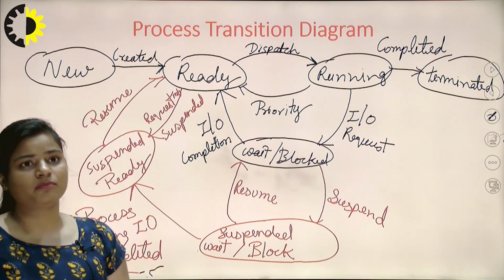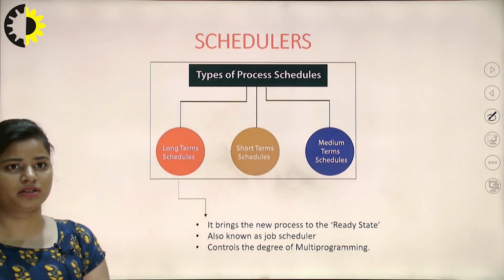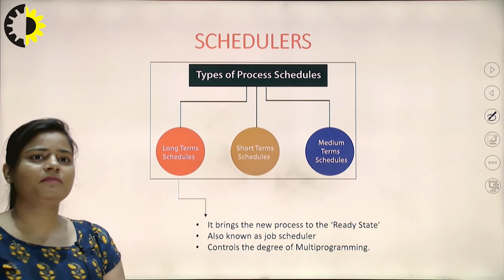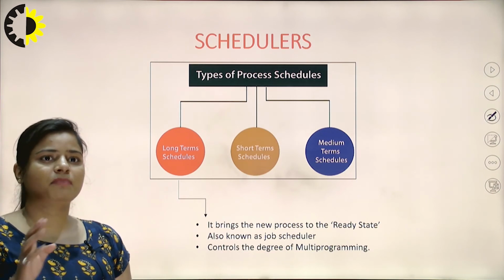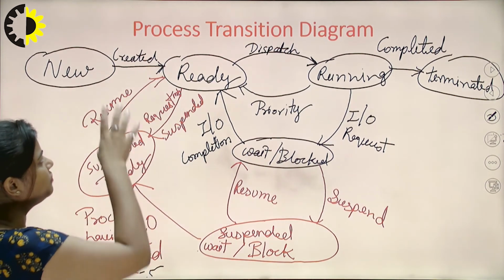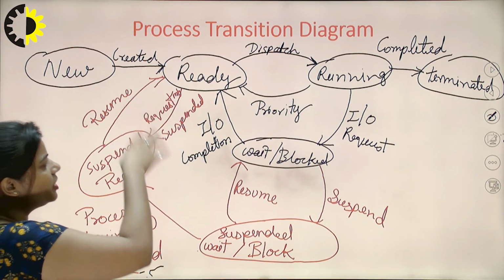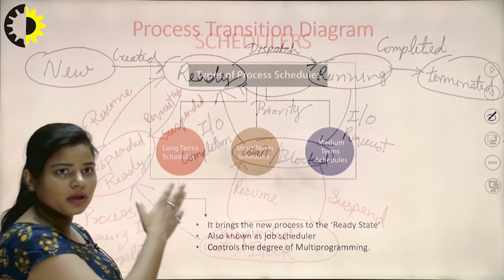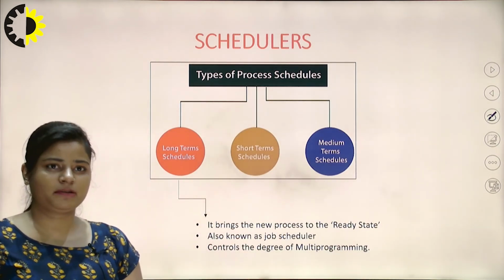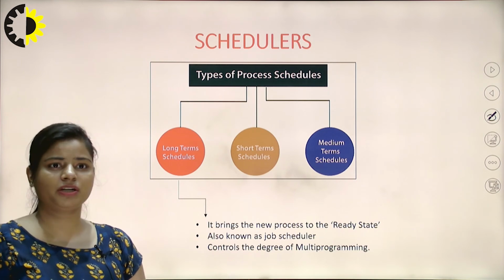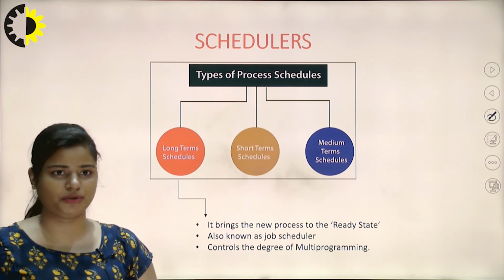So next we are moving towards the schedulers. Schedulers are basically the monitors which maintain the movement of processes from one state to another. Okay, so we have three types of scheduler: long-term scheduler, short-term scheduler, and medium-term scheduler.